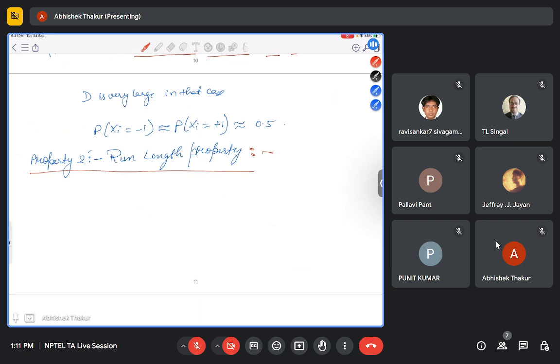In the run length property, a run is defined as a string of continuous values.